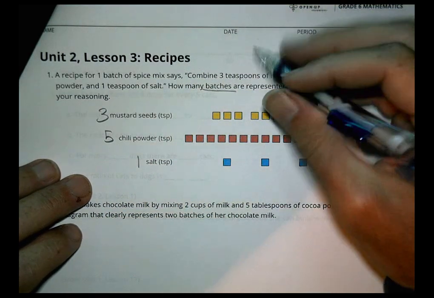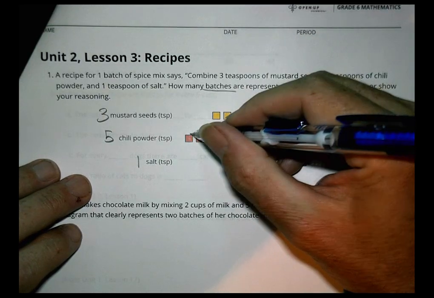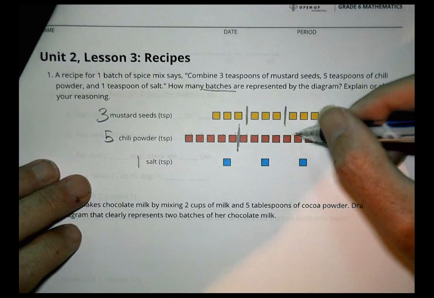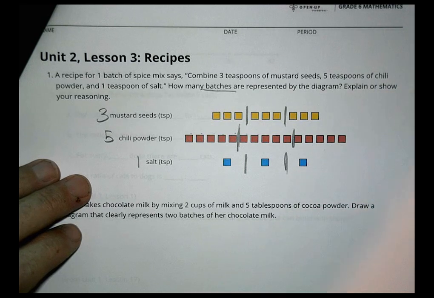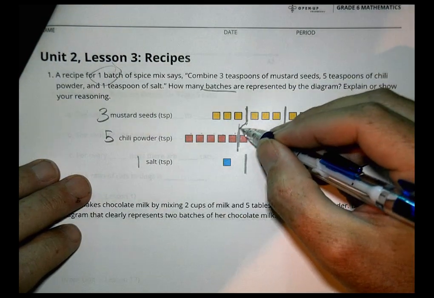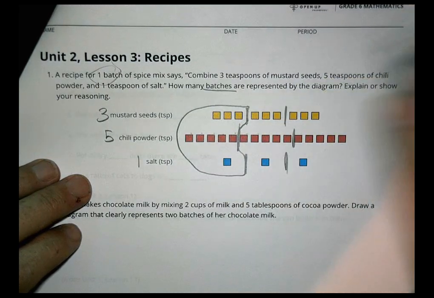So in one recipe we have 3 of those. We have 5 chili, 1, 2, 3, 4, 5. And this is 1 and 1. So if I was going to make one batch, I would use 1 of those, 5 of those, and 1 of those. And that becomes recipe number 1, or batch 1.